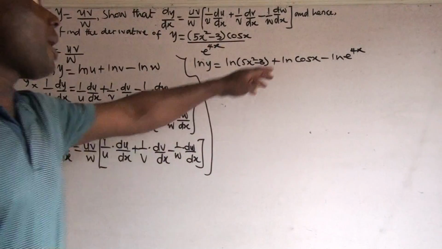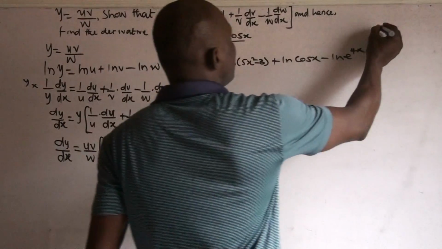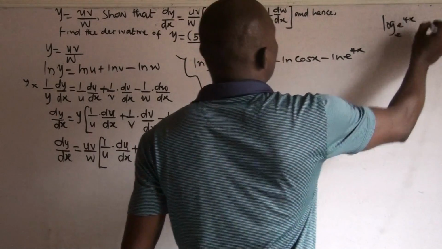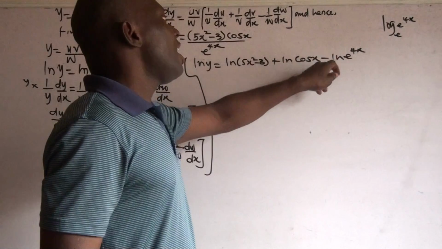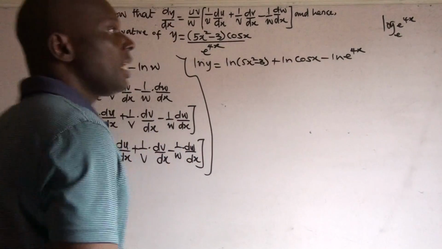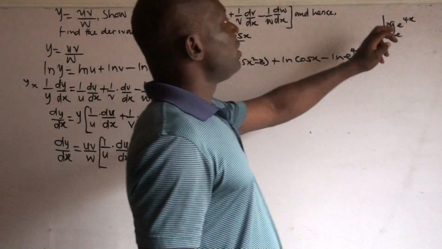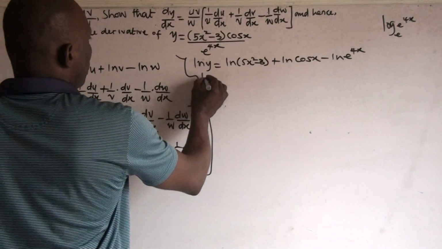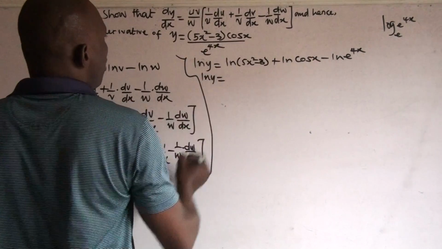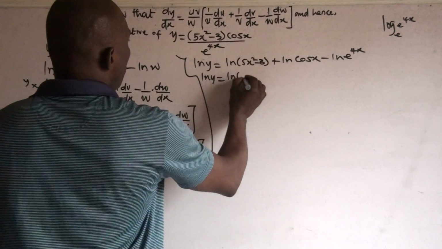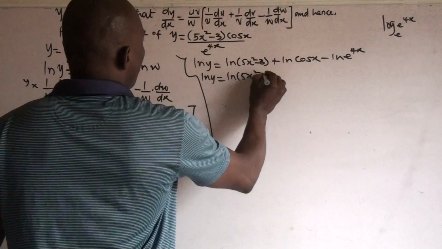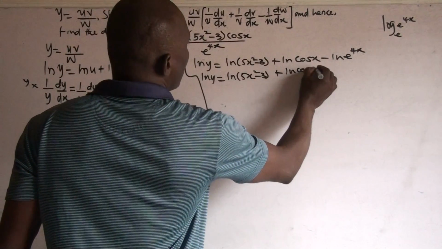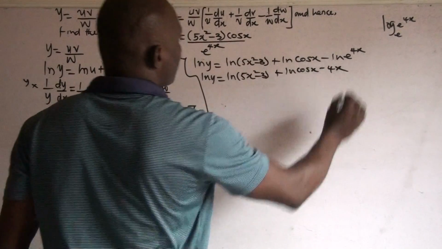Immediately you apply ln here, it's like we are saying ln e raised to power 4x. Once you apply ln here, everything here will become just 4x. That is the meaning, from the same base. Then next we can write ln y is equal to ln open bracket 5x squared minus 3 plus ln cos x minus 4x.